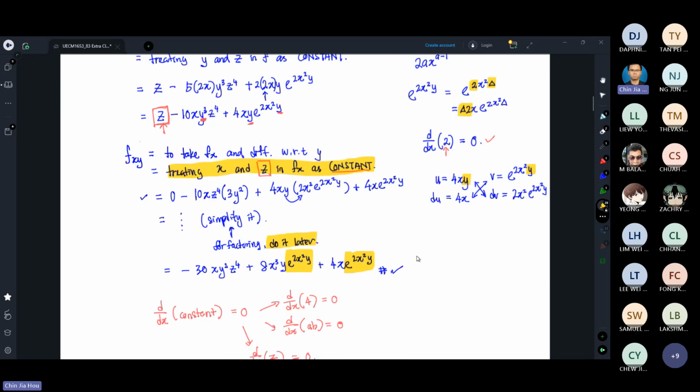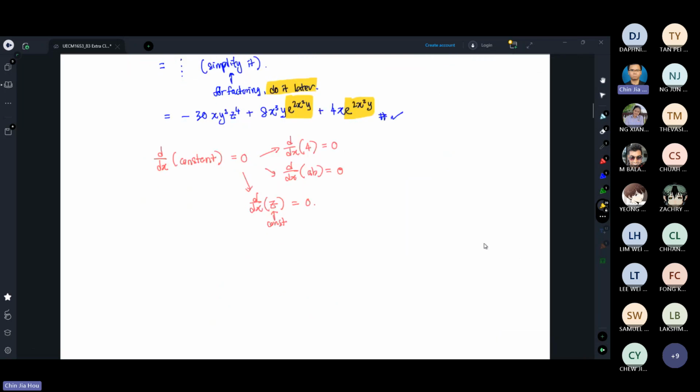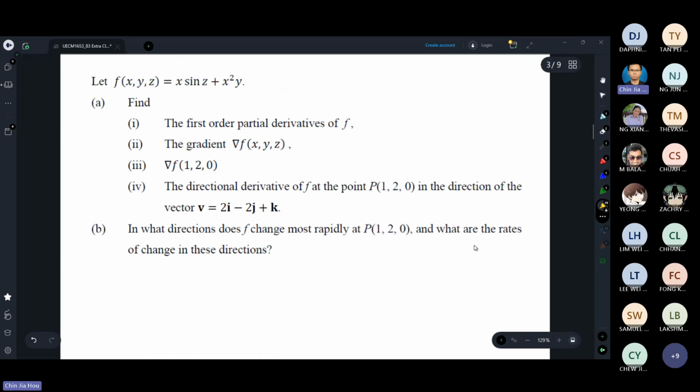Okay, that is partial derivatives. Now with your skill in partial derivatives, let's move on to this kind of question. This kind of question is a very popular question. It's not popular per se, it's more a question that can test the majority of the things that you understand from this multivariate chapter.